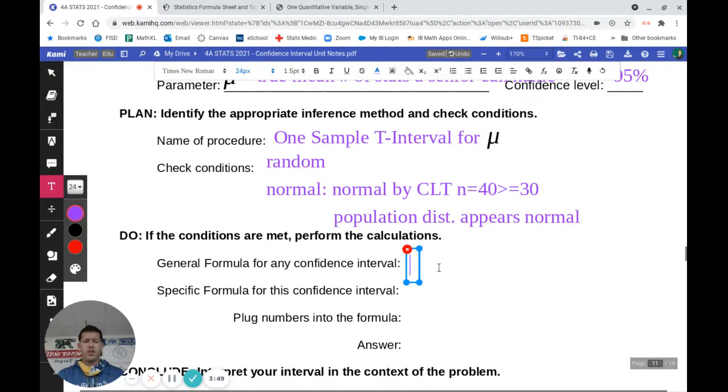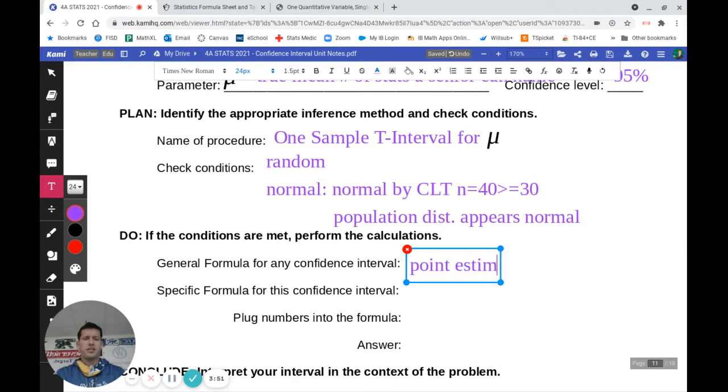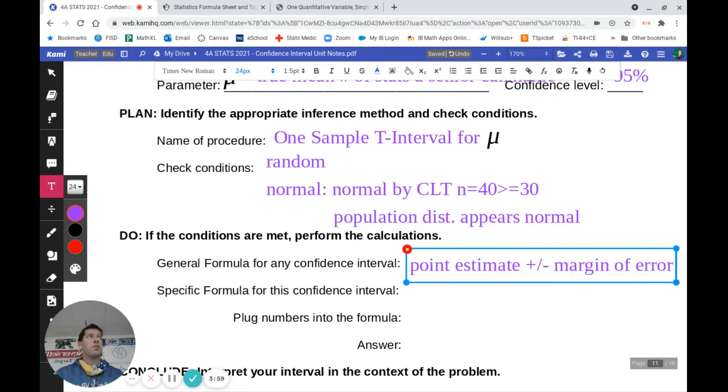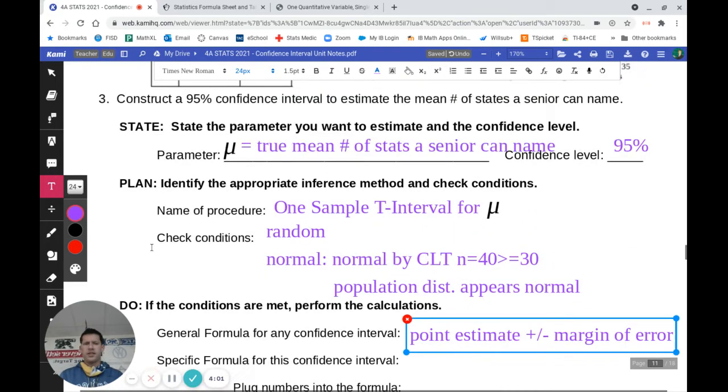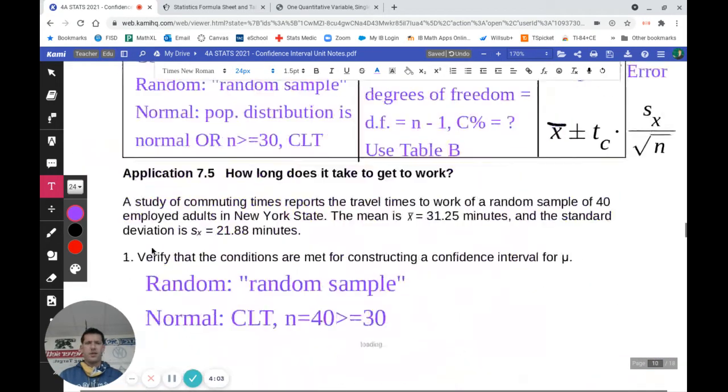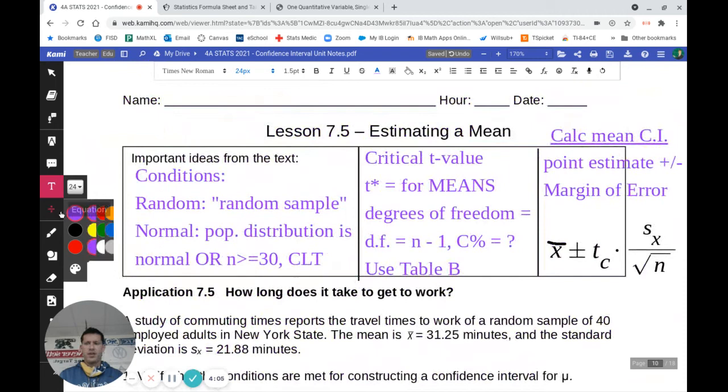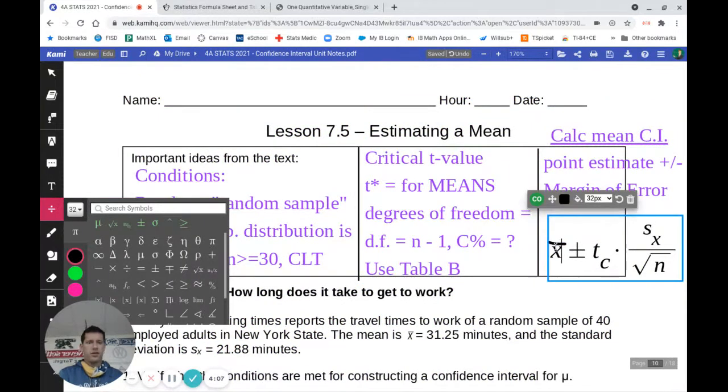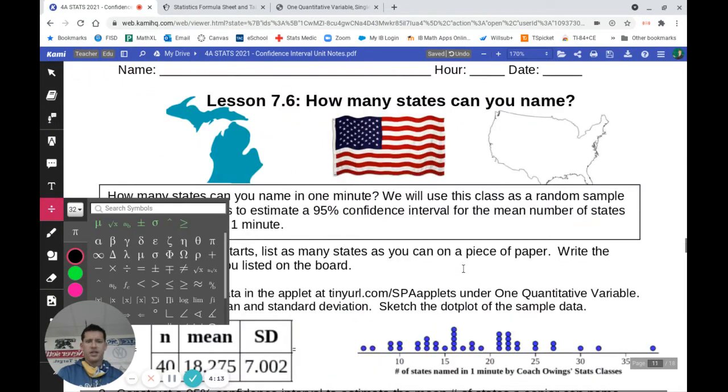Our general formula, we're going to take the point estimate, our sample mean, and add and subtract the margin of error. And so we've got our formula for that. I think we have that up here. So we're just going to copy that formula real quick from page 10, or I think we have it on page 9 as well.